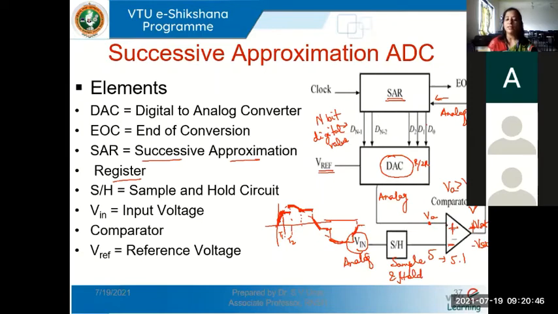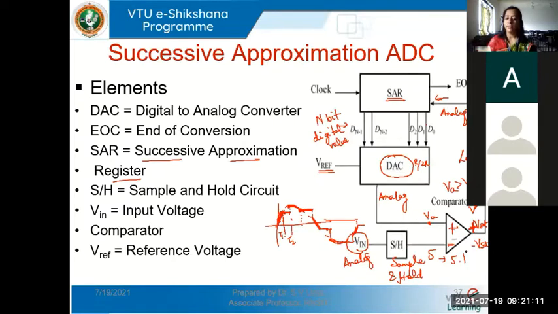Whenever VA, which is given to the non-inverting terminal, is higher than Vin, which is given to the inverting terminal, the output of this comparator will be in positive saturation. And I can consider that positive saturation as logic 1.